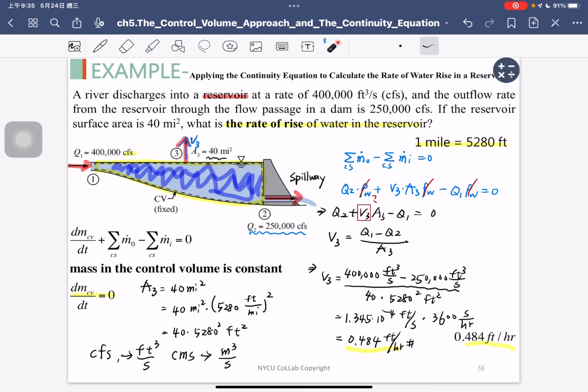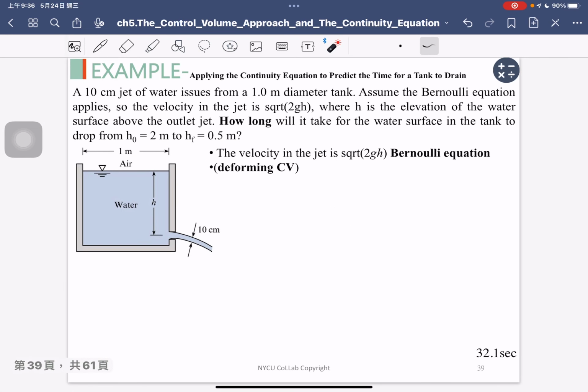So totally in this problem, two outflows are involved and only one inflow. This is a very good exercise to practice how to apply the continuity equation. The following problem will be a little bit more complicated.